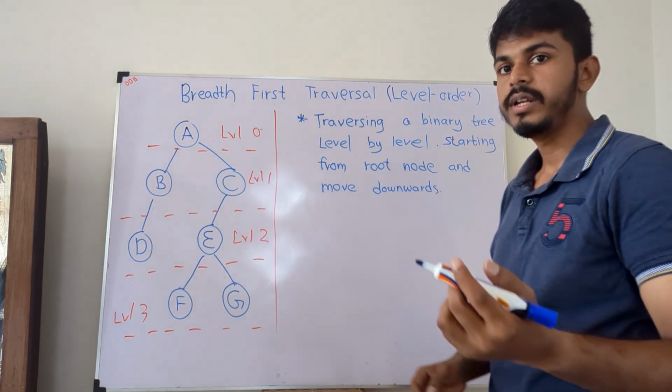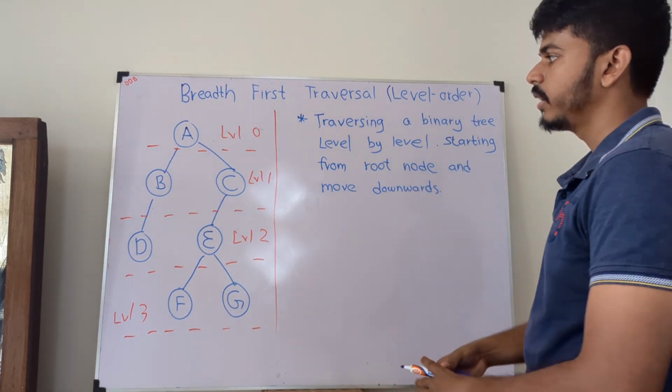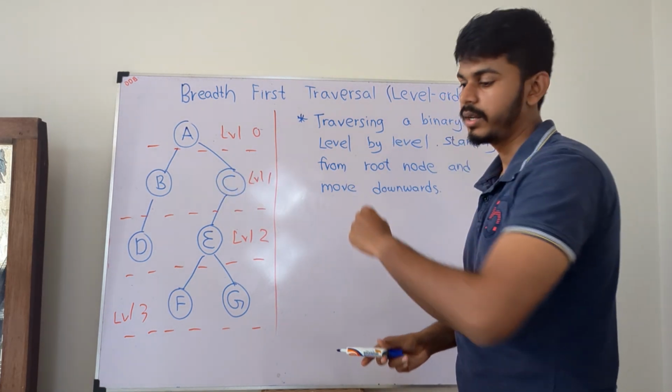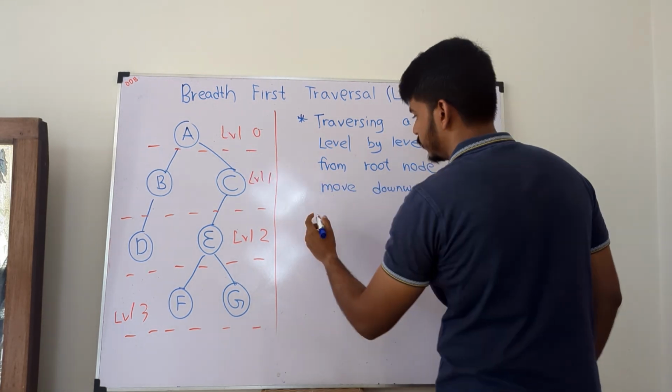So how do we traverse that? Starting from the root node, move downwards. In each level, traverse from left to right. So first, the starting level is the root node.